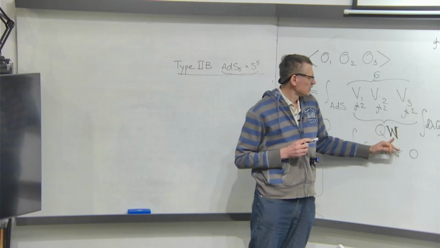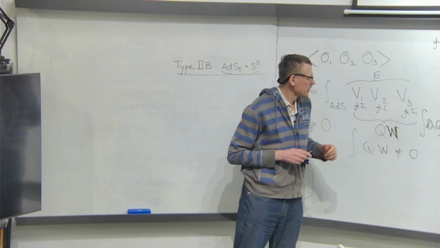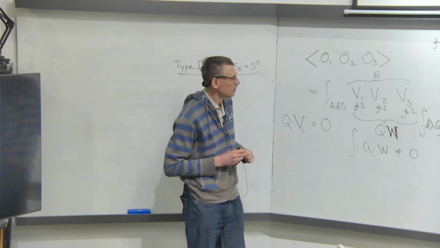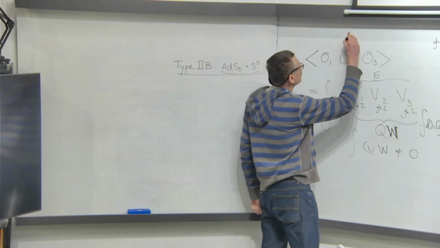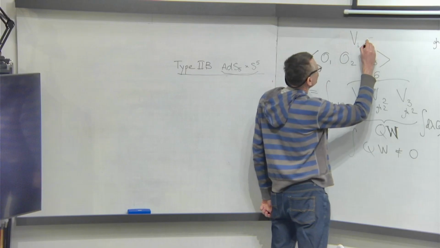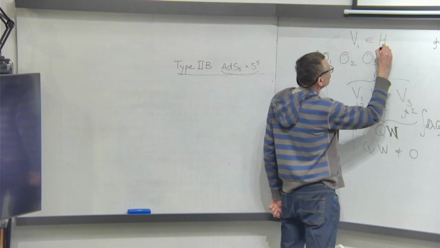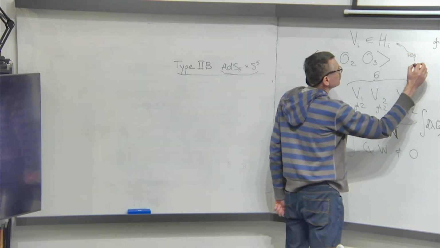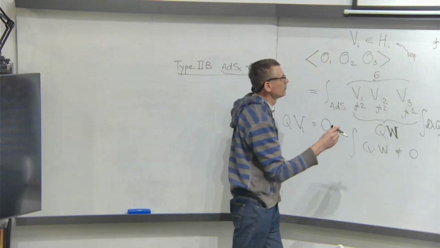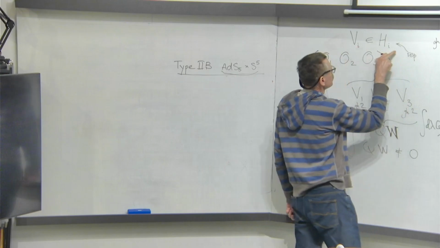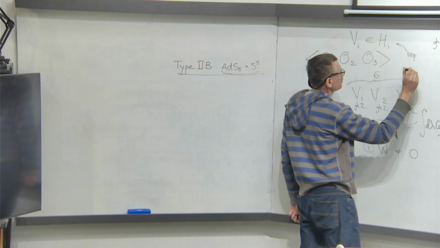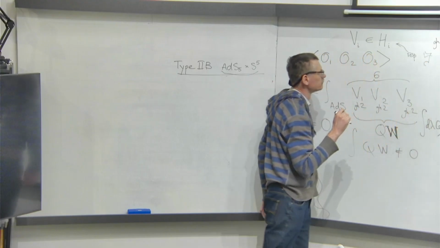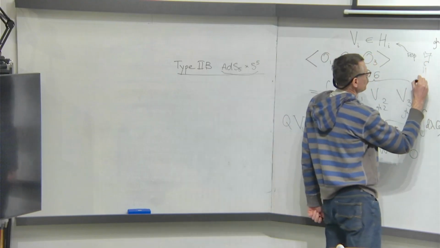So it must be true that W does not transform in the same representation as the product of V1, V2, and V3. So if each of these vertex operators transforms in some representation of the superconformal algebra, which is the superalgebra of superisometries of AdS, so V_i transforms in some representation of the superalgebra, which I denote G. G is PSU(2,2|4).